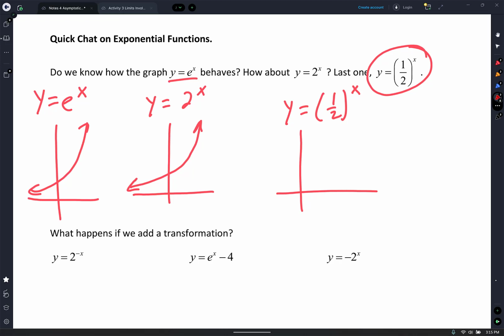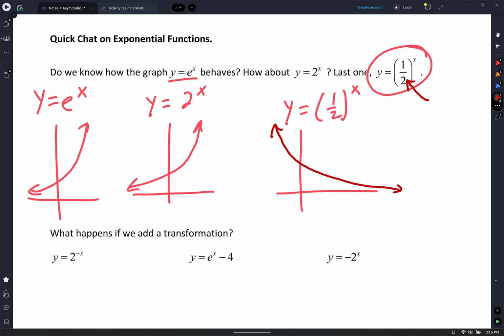When I raise it to the third power, 0.125. Do you see how as you raise the power, it just keeps getting smaller and smaller? So look, let's not be a robot. This looks like this. But only because this number, the 1/2, is between 0 and 1.